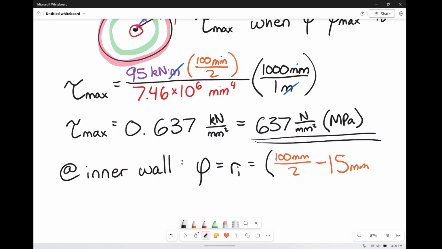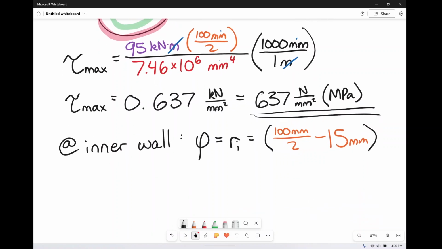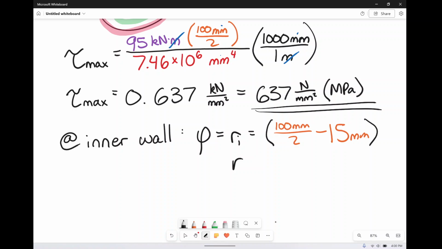Should probably be consistent with that parenthesis. And when you do this, you have 50 minus 15. Our inner radius is 35 millimeters.